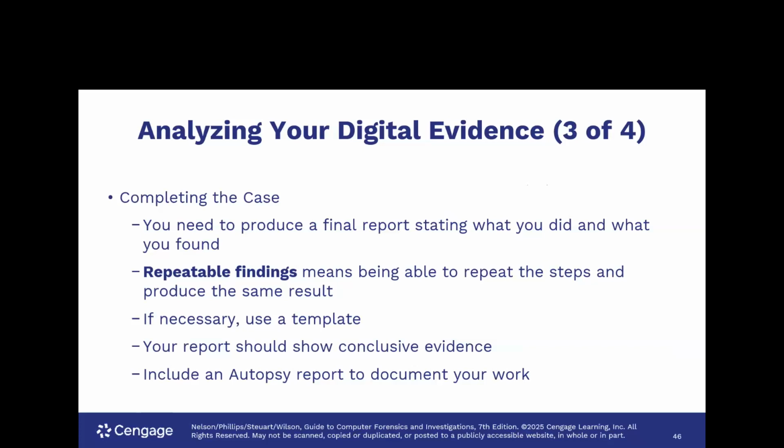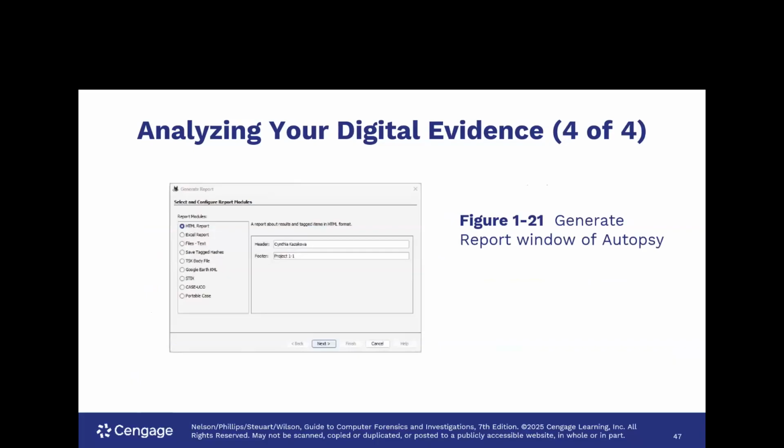Once again, this is why documentation is so important. Autopsy and other forensic tools can help generate these reports, which document the evidence and findings produced through the examination. This software helps organize the information, but the investigators are still responsible for explaining what the evidence means. The tool does not make that final conclusion for you.